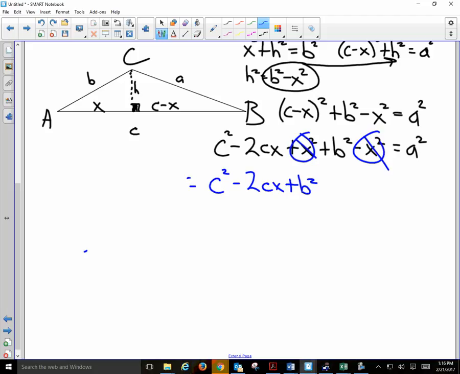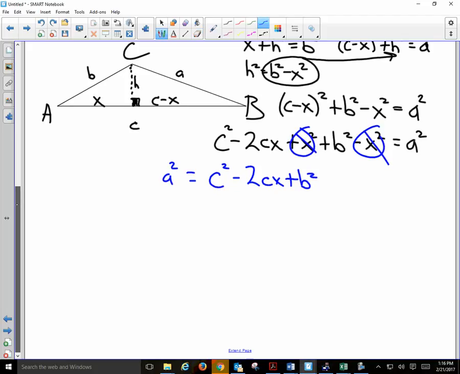I'm actually going to put the A squared over here. I almost got rid of the X, didn't I? It's still there. So maybe I could get rid of it. What's today's lesson called? I want to get rid of the X. Take a cosine of... no, that's a side.